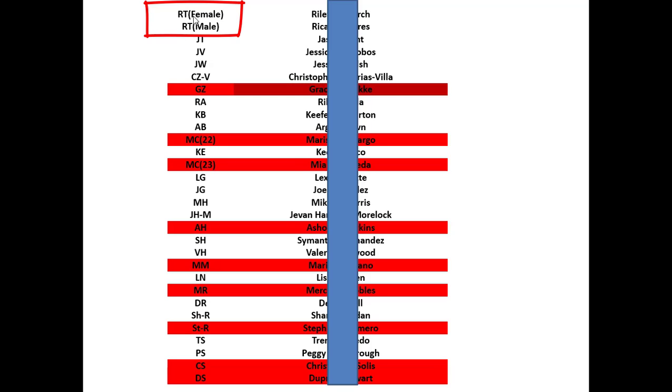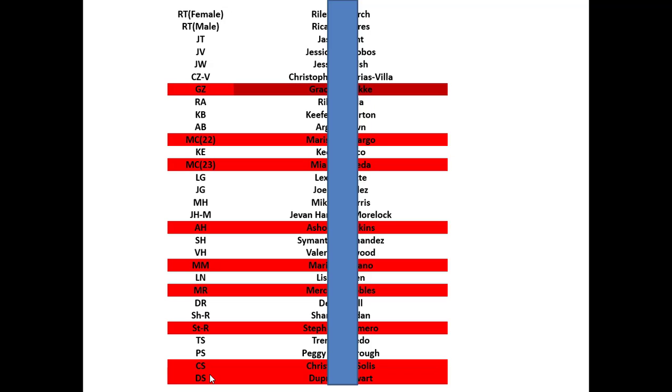The first and last name are the same, but this RT is a female student's name and this RT is a male student's name. We have two MC, but one MC is a student 22 years old and the other MC is 23 years old. So you can distinguish between students with the same initials.